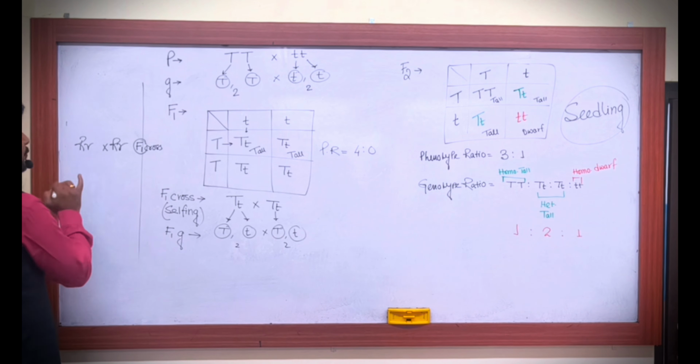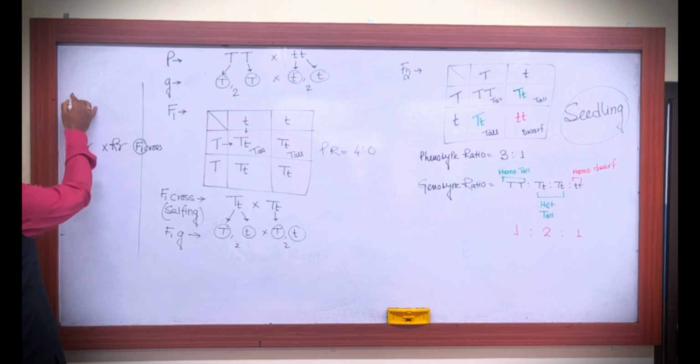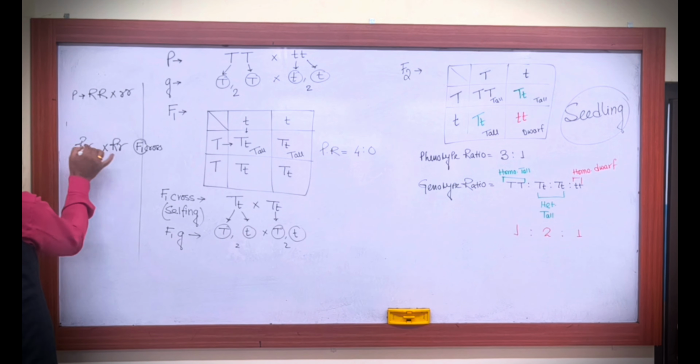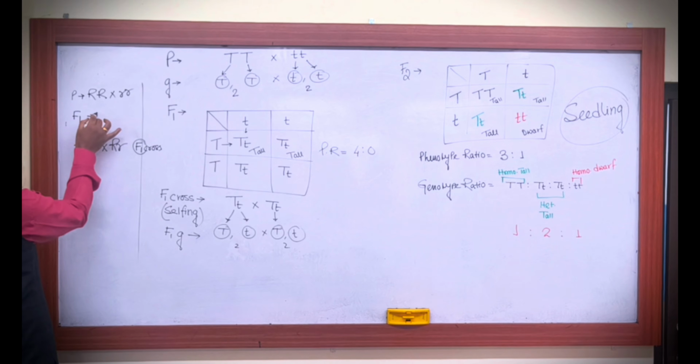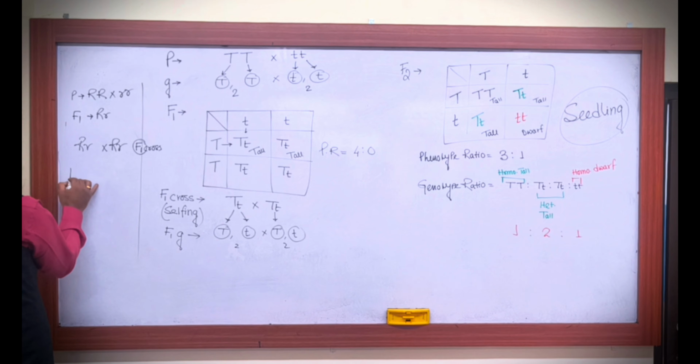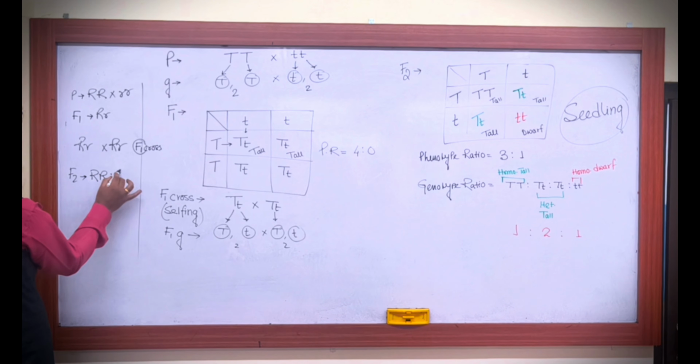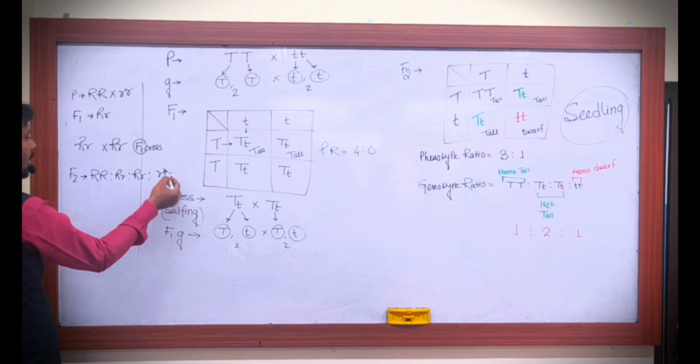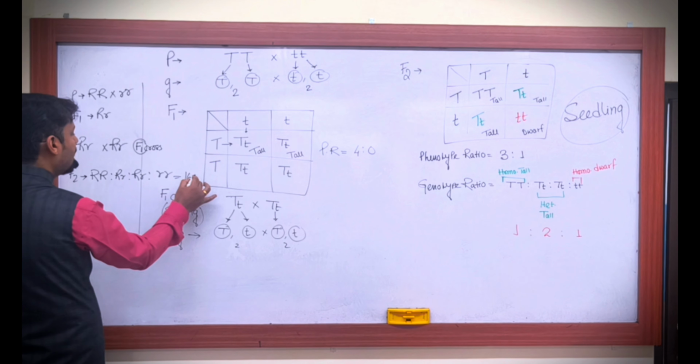Obviously they have parents: capital R crossed with small r. Then the F1 generation will be capital R small r. So the F2 generation will be capital R capital R, capital R small r, capital R small r, small r small r, equal to how much? 1600.